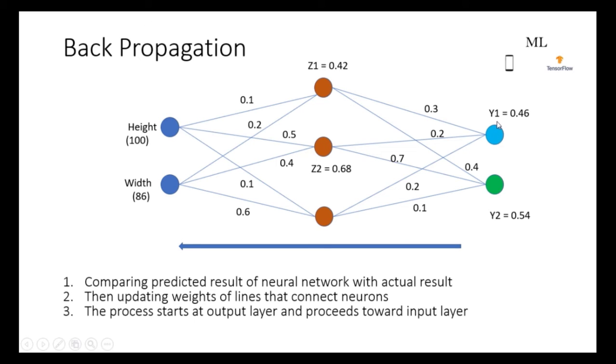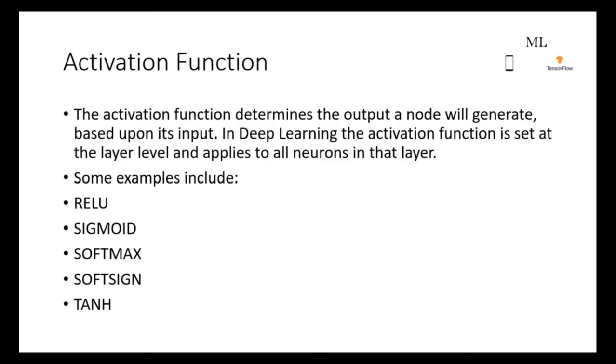So we have value for y1 and y2, then we will compare these results with the actual results, then the values of these weights will be updated. As you can see, the process also propagates from output layer to input layer, so it's known as backpropagation. As it's moving towards input layer from output layer, it's also known as backward pass.